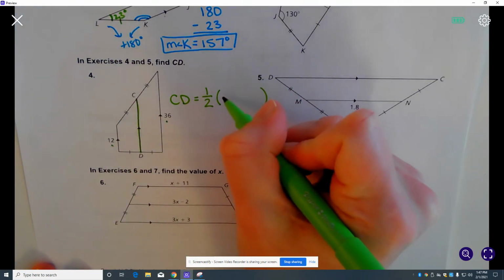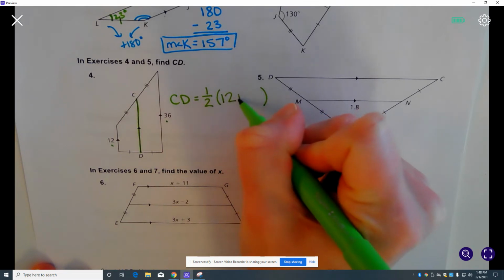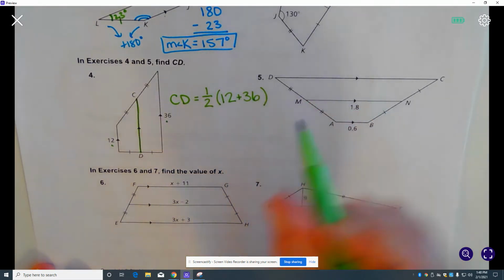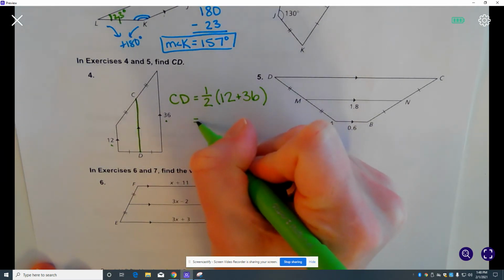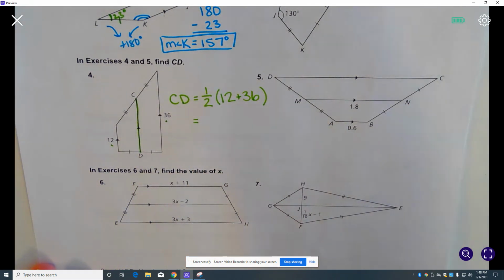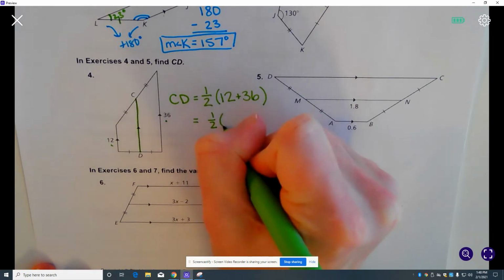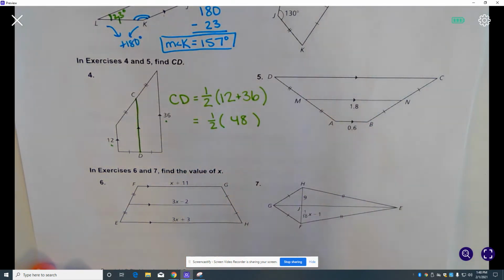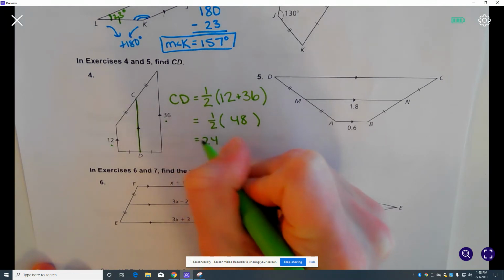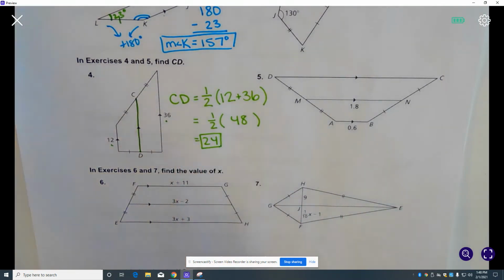So all I need to do is add those two lengths together and then multiply it by 1/2. 12 plus 36 gets me 48. And 1/2 times 48 is 24. So the length of CD is 24 units.